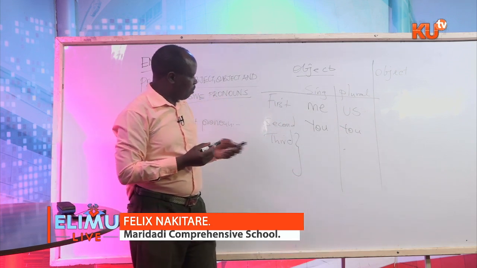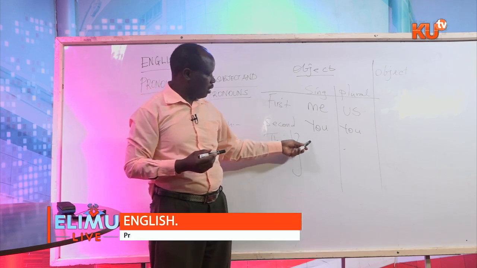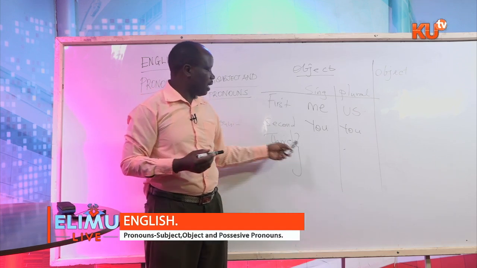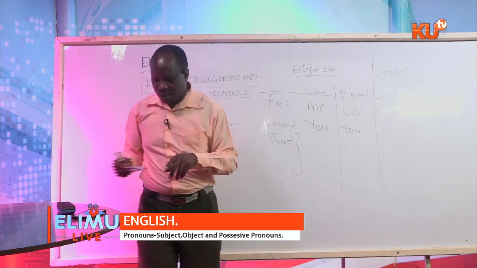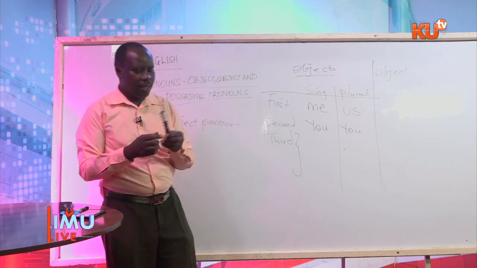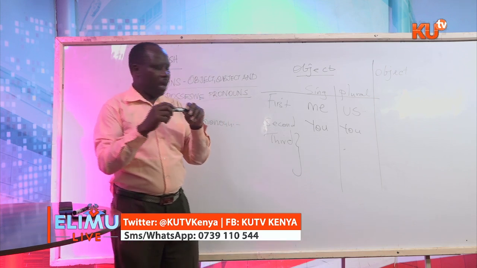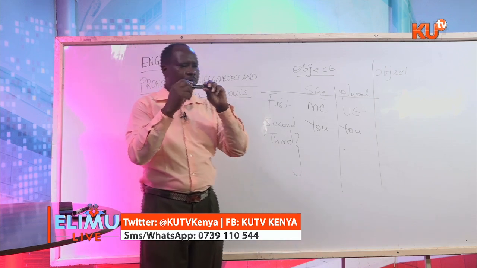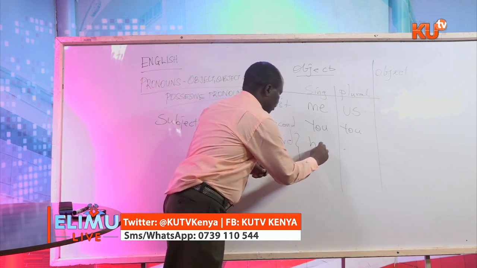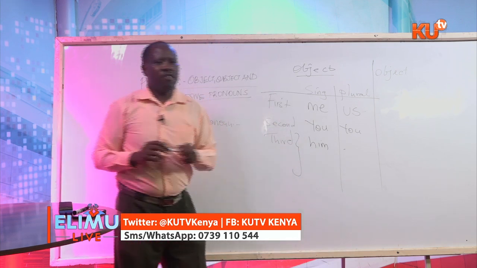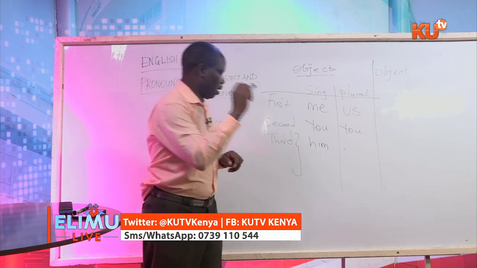After that, we come to third person singular. Remember, under subject pronoun, it was he, she, and it. We are now here. I want to give to somebody who is not close to me. Let's say I want to take this pen to my brother who is at home. I will say, I will take this pen to him. If it is my sister, I will give this pen to her, to my sister.